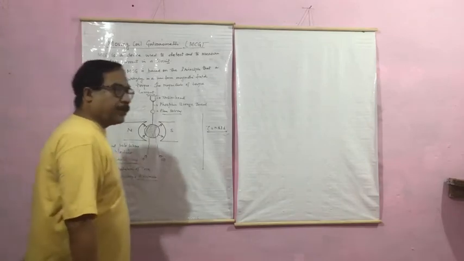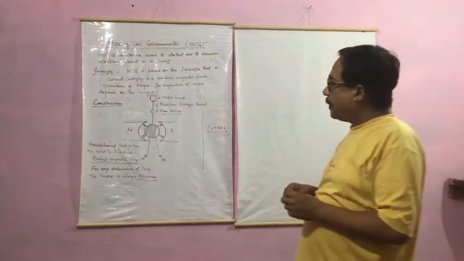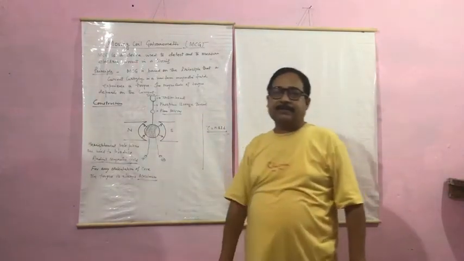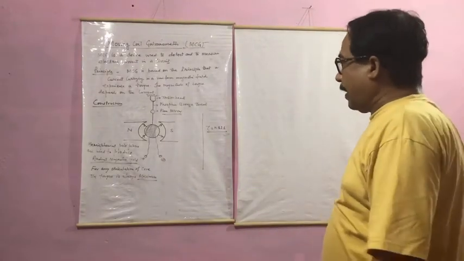So this is the importance of radial magnetic field, and radial magnetic field is obtained by specially designed hemispherical pole pieces. Okay, now come to the calculation part.